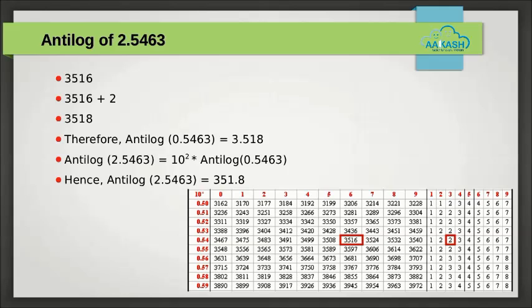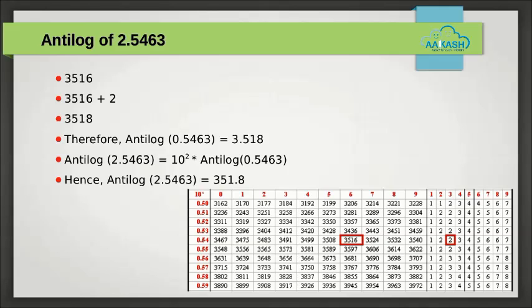Now add both the obtained values, that is 3516 plus 2, which equals 3518. Therefore antilog of 0.5463 equals 3.518, and combining it with antilog of 2.5463, it results to 351.8.